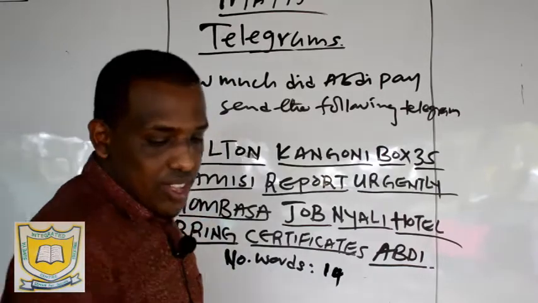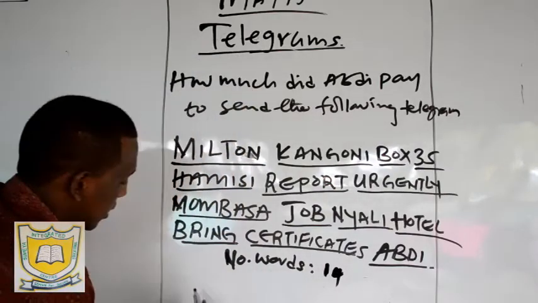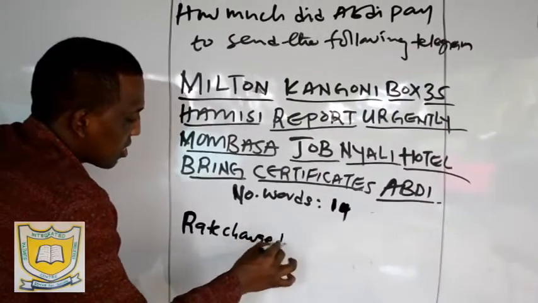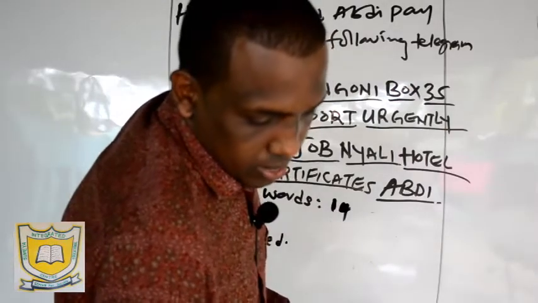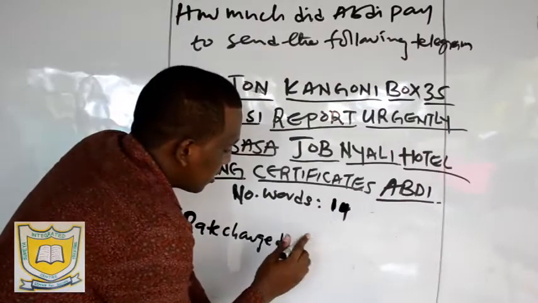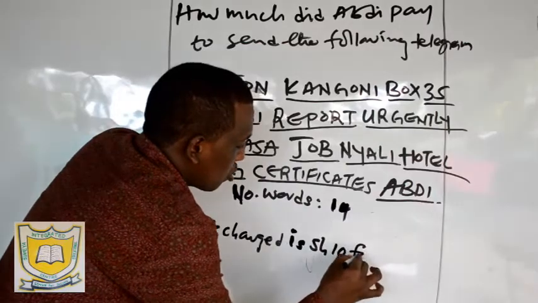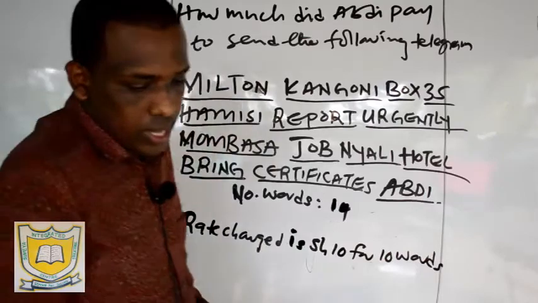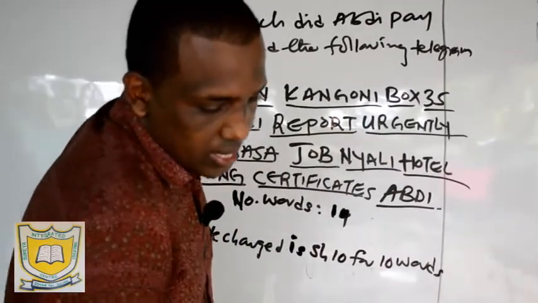And now you are given the rate. The rate charged is shillings 10 for 10 words. Then you are told each additional word is charged at the rate of shillings 1.